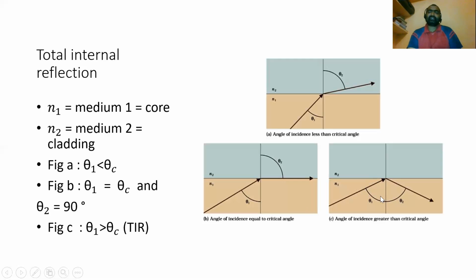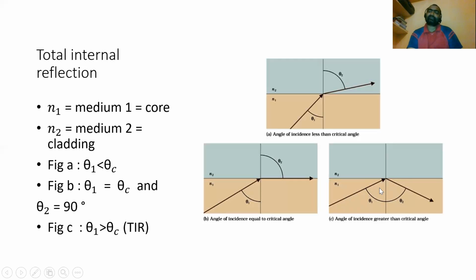Here when theta 1 is greater than theta c, the angle of incidence is greater than the critical angle. In this case, the light is totally reflected back to the same medium. This process is called total internal reflection. The condition is that the angle of incidence should be greater than the critical angle.